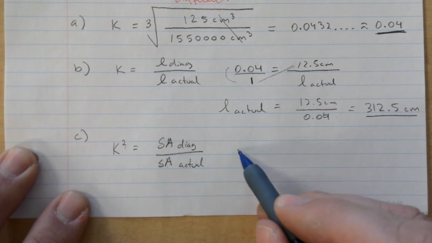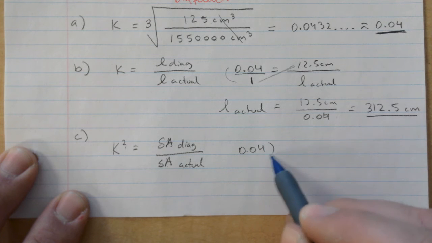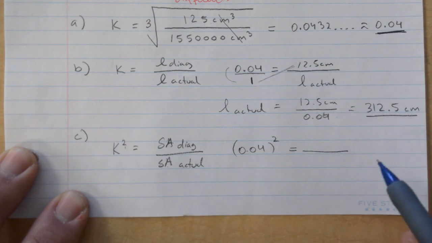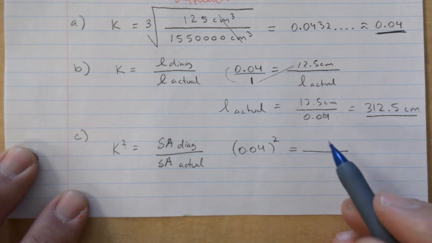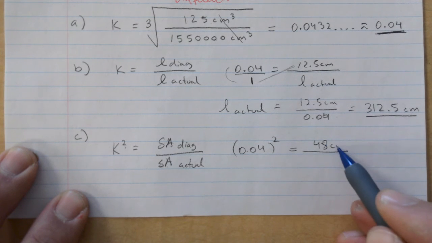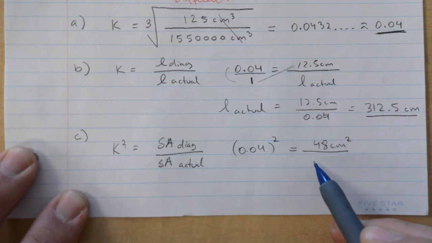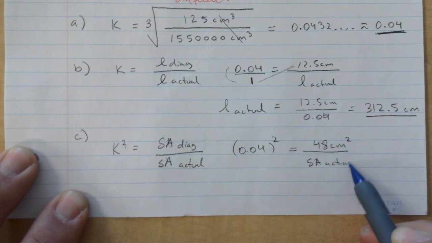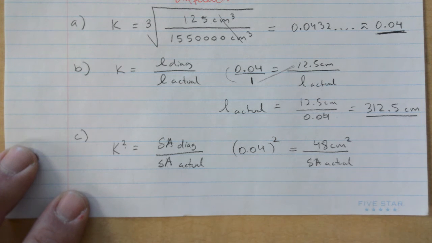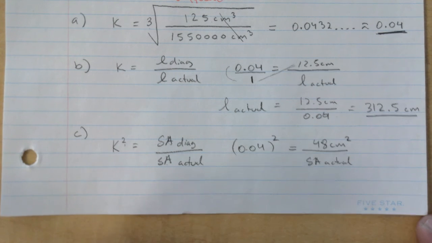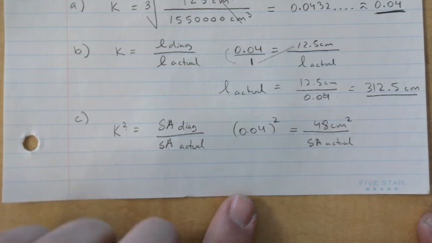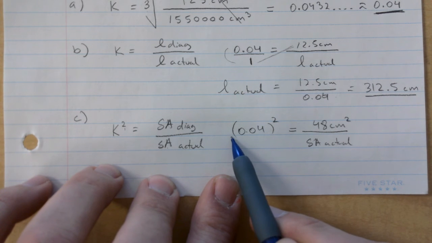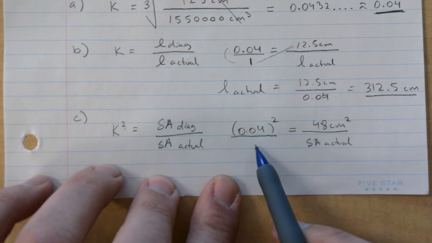So it's 0.04 squared. Surface area of the diagram was 48 centimeters squared. And we're going to find the surface area of the actual. Labeling is key here. And watch what I'm going to do here. There are several ways of doing that, but I don't want you to drop decimals. Still do this. Put the 1 down here.